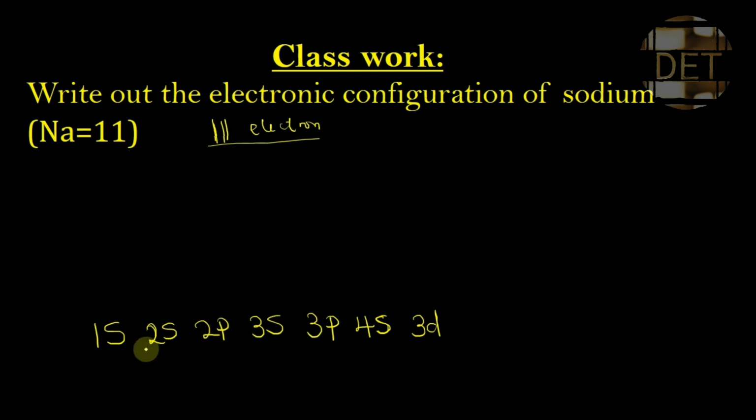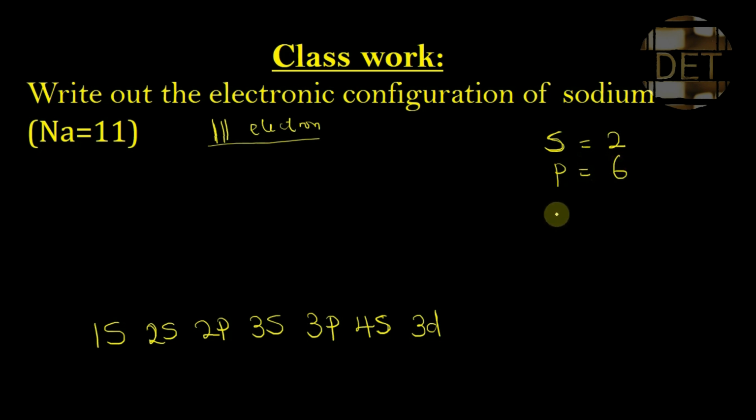Then one thing that you must know here as well is that the maximum number of electrons that can occupy the s orbital is 2, while the number of electrons that can occupy the p orbital is 6.